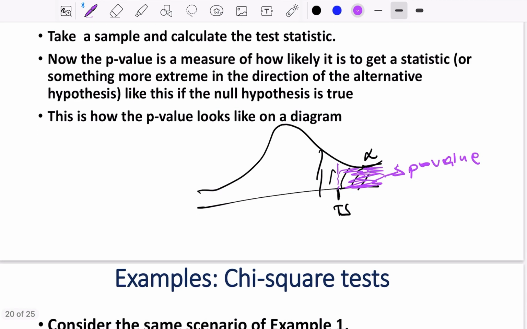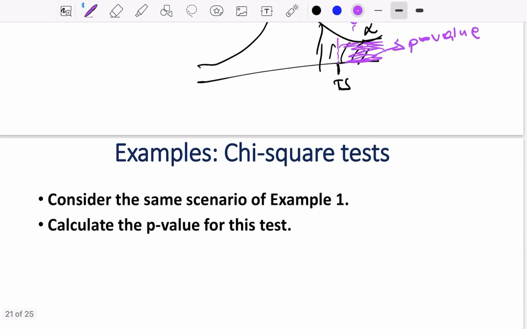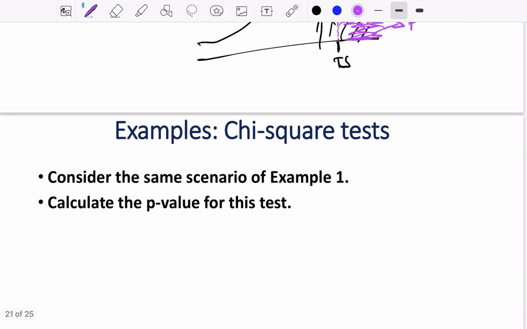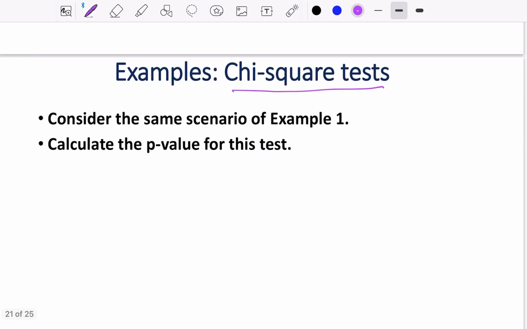Okay? Right. So you can do the other case for two-tailed, two-sided, and also for lower-tailed. Okay? So now, let's calculate the p-value for the chi-square test, for example 2.